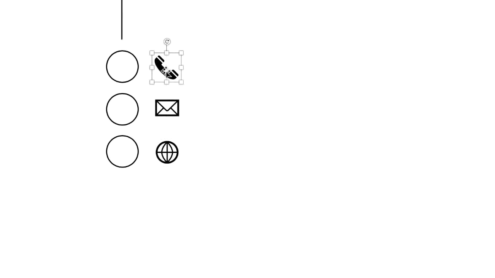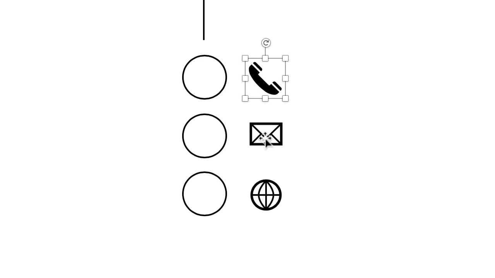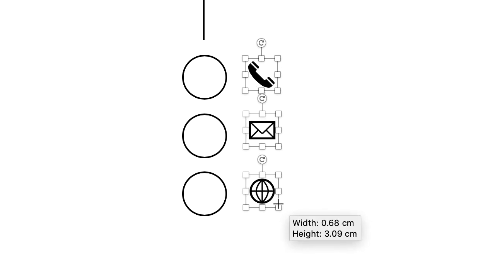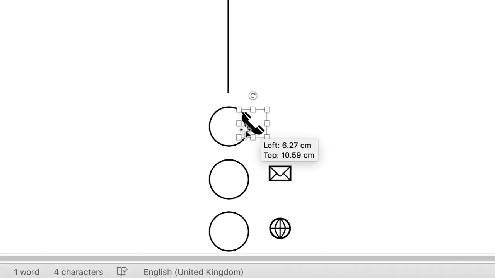Now if I just click and drag this phone over, you can see it's not quite small enough to fit inside that circle. So once again, I'm just going to highlight all of the icons and just click and drag to make them a little bit smaller. Again, just click and drag. I think they're about right now.